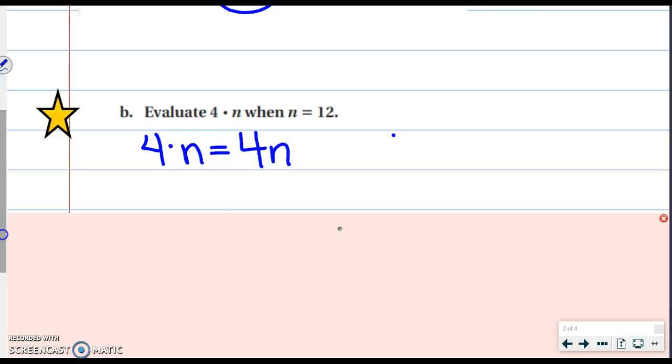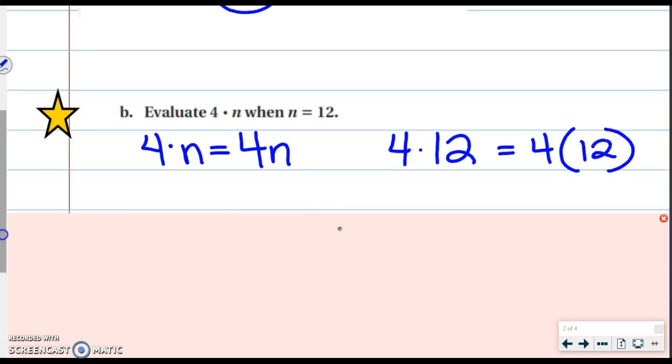So I need to either write 4 times 12, because that's what n equals, or I need to write 4 and then put the number 12 in parentheses, implying that I'm multiplying. And I know that 4 times 12 equals 48. So 4 times 12 equals 48, which is my final answer.